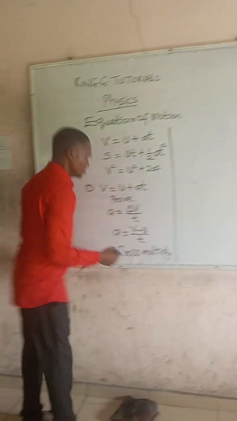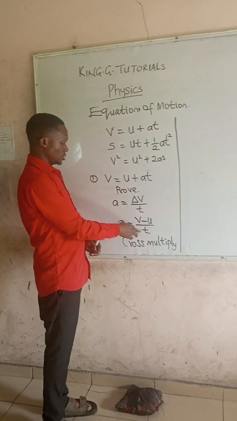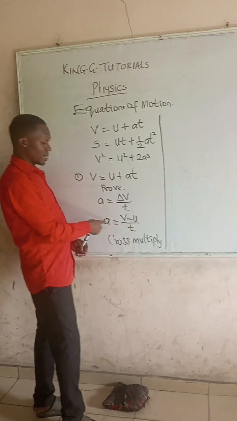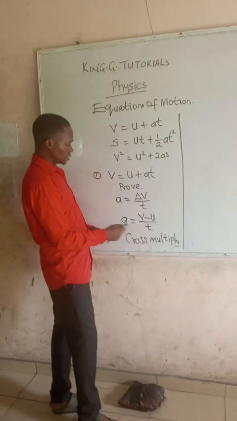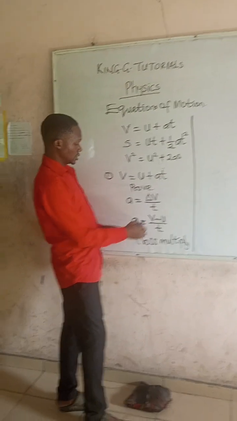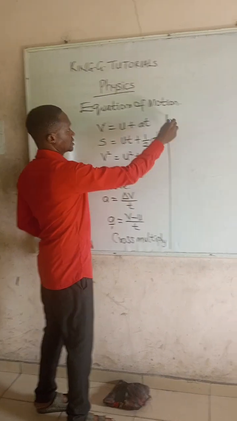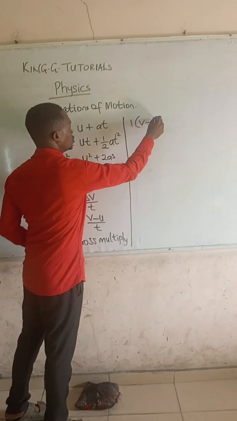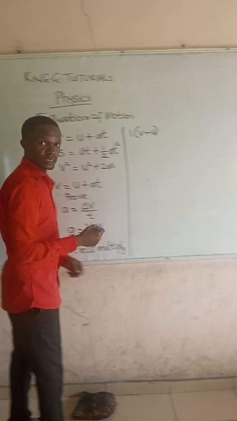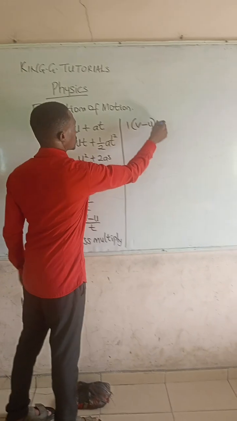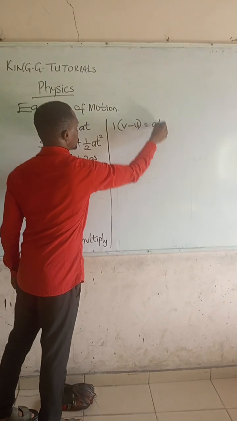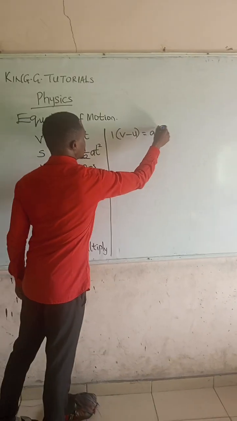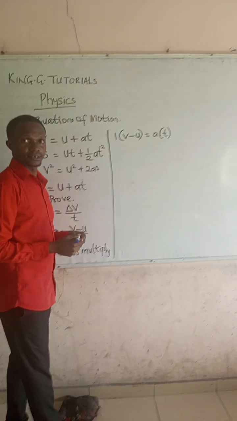So T multiply A. Here we have this over 1, so we have 1 multiply V minus U, close bracket, equal to A multiply T.